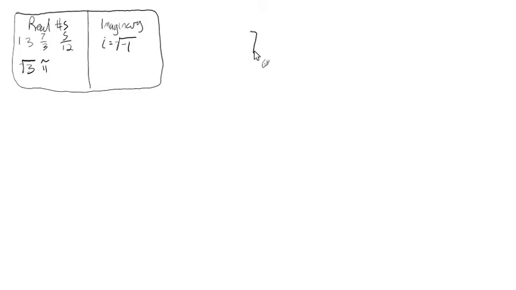Well, let's think about what the square root of a number means. Let's think of it in terms of a square root that we know, the square root of 9. The square root of 9 means a number that multiplies by itself and gives you 9.